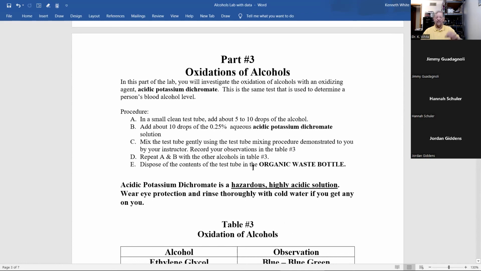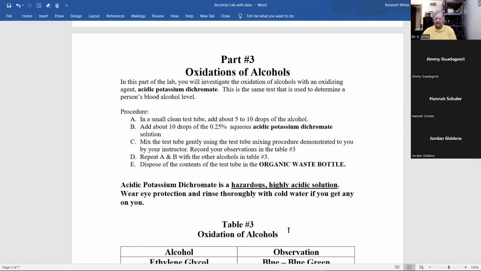You'll put about 10 drops of the alcohol in the test tube, about 10 drops of the reagent, acidic potassium dichromate, mix it like I just showed you, or use the Vibro Mixer. I like that Vibro Mixer. Then let it sit for a little while and observe.